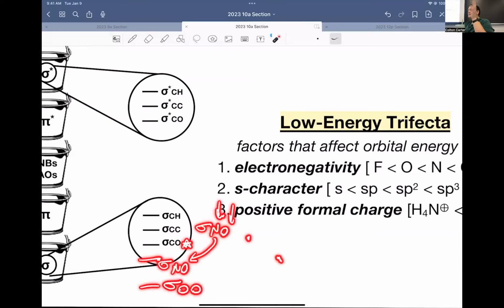Again, take the electronegativities of the two elements and add them together. Whichever one has the most electronegativity overall is going to be lowest. So OO is going to be lower, OF is going to be lower than that, and FF is going to be lower than that.